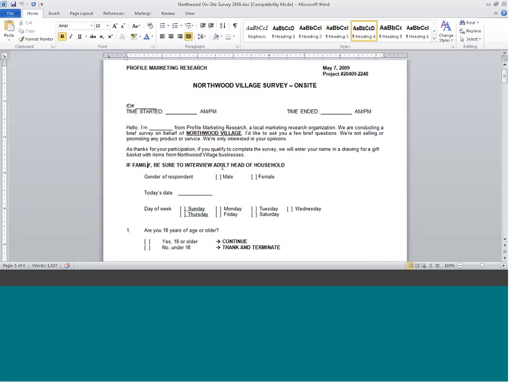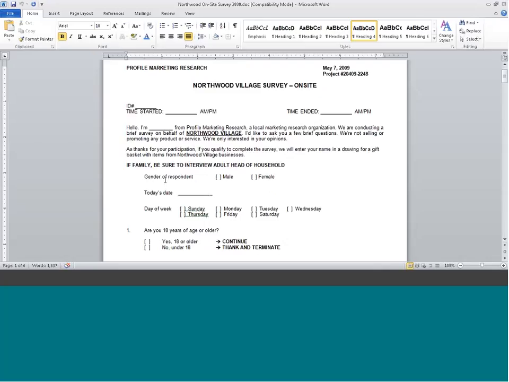Again, we know that something is an instruction to the interviewer if it's bolded and all caps. Not everything that's bolded will be an instruction, but anything that's in all caps is almost 100% of the time an instruction for the interviewer.